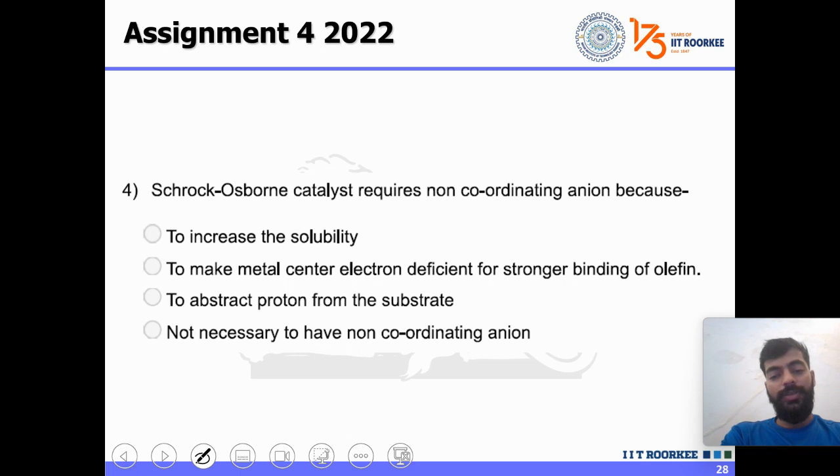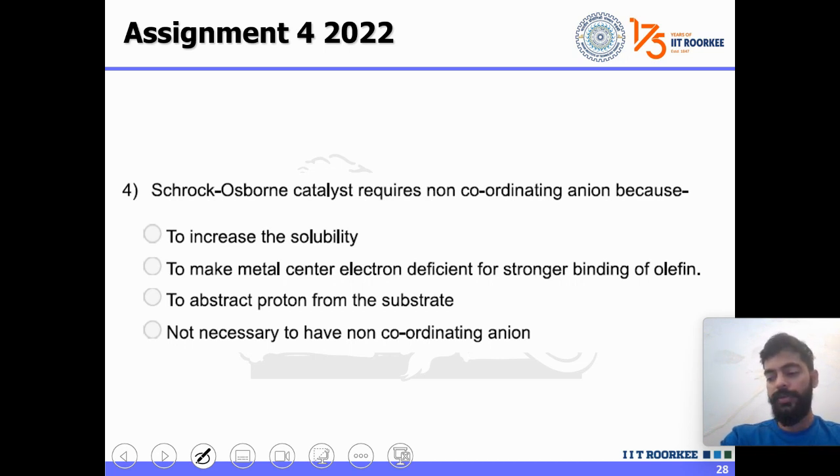Shaw-Osborn catalyst requires non-coordinating anions because, and we have already discussed these questions in our previous session of metal-mediated synthesis. We will discuss it again, but I expect you to answer this question. Shaw-Osborn catalyst requires non-coordinating anions because: to increase the solubility, to make the metal center electron deficient for a stronger binding of olefins, or to abstract a proton from the substrate, or it is not necessary to have non-coordinating anions.